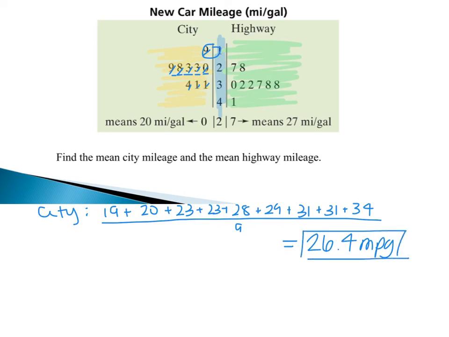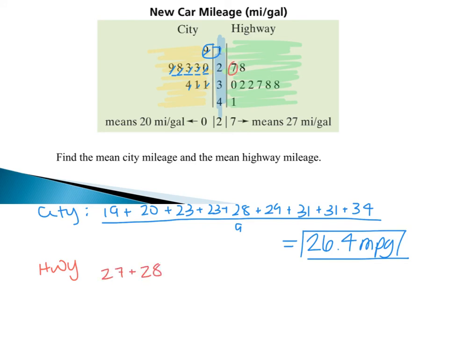So I can go ahead and do the same thing for the highway. Here, it looks like we have 27 plus 28.